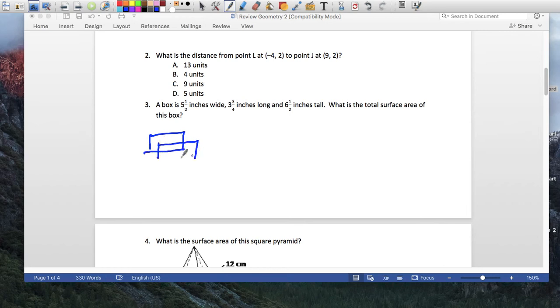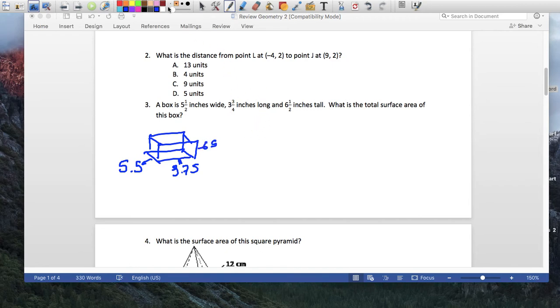Okay, rectangular prism. And we know the width is 5.5. Inches long, it's 3 3/4, which is 3.75, and the height of this is 6.5. That's your height.